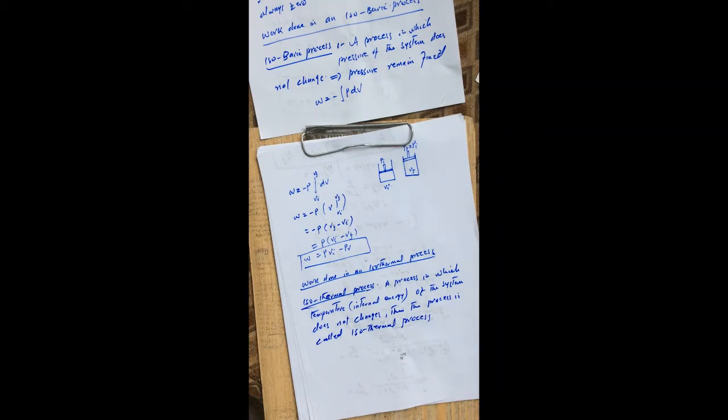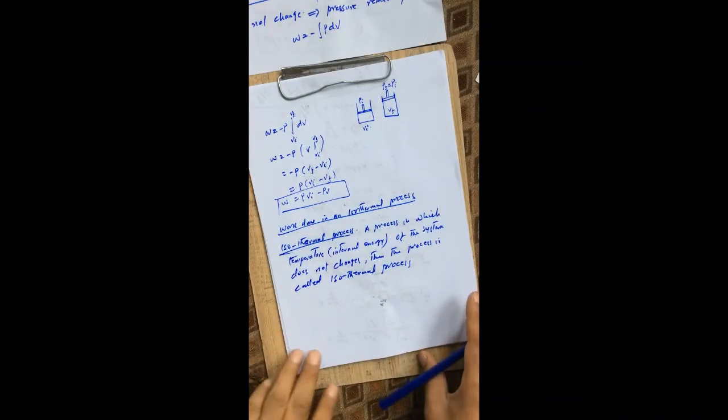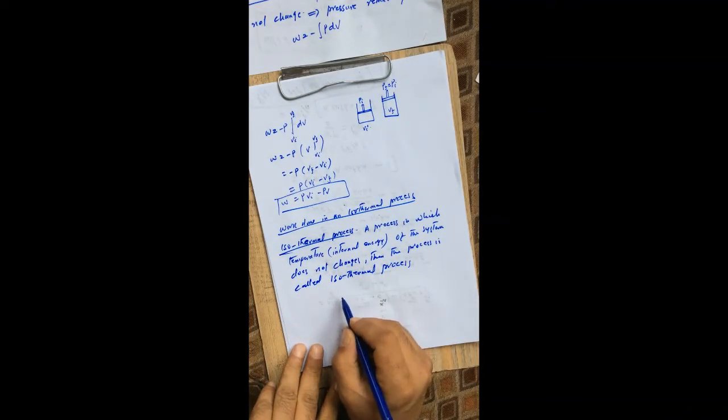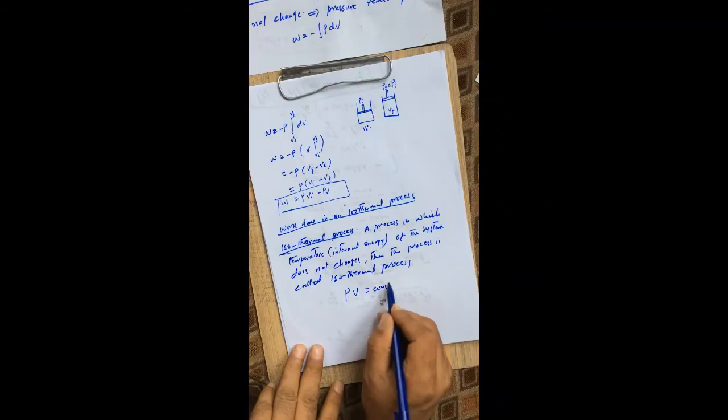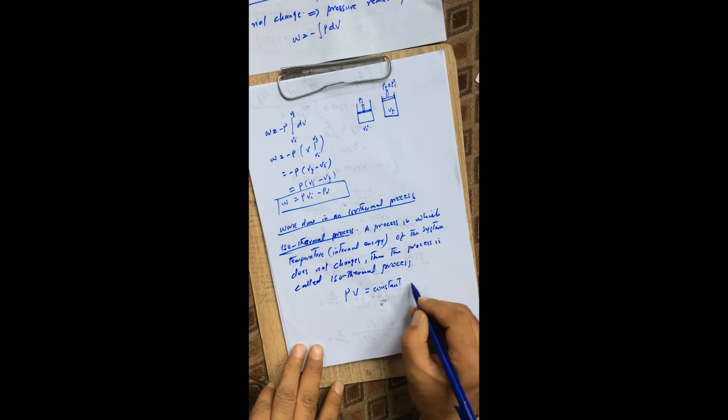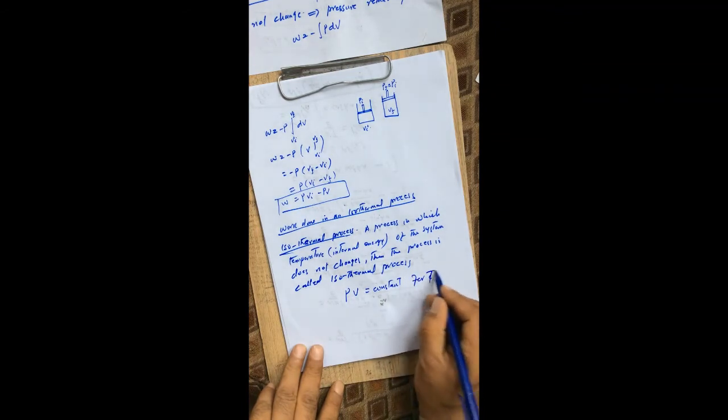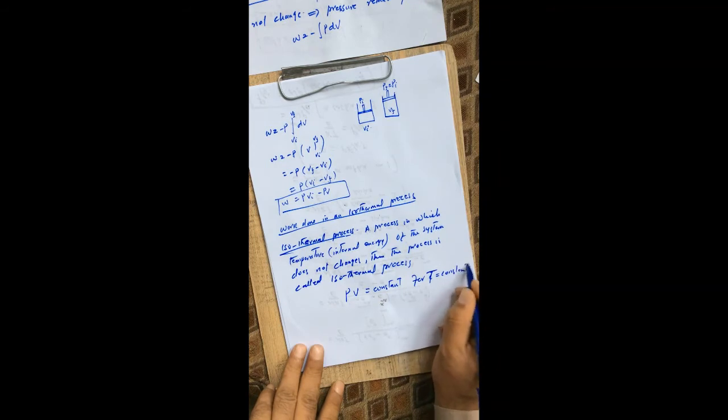Now the temperature is constant, and we know that at constant temperature we have the relation PV is equal to constant.